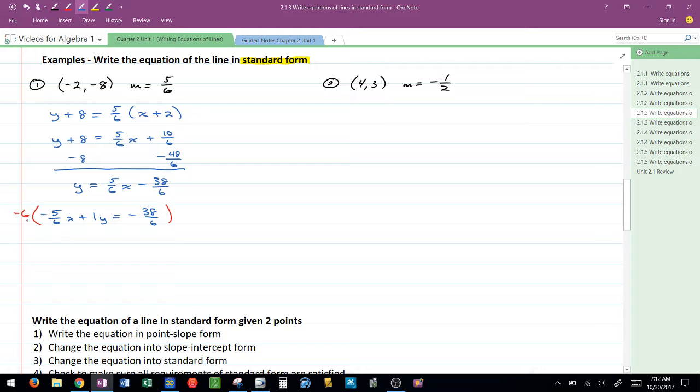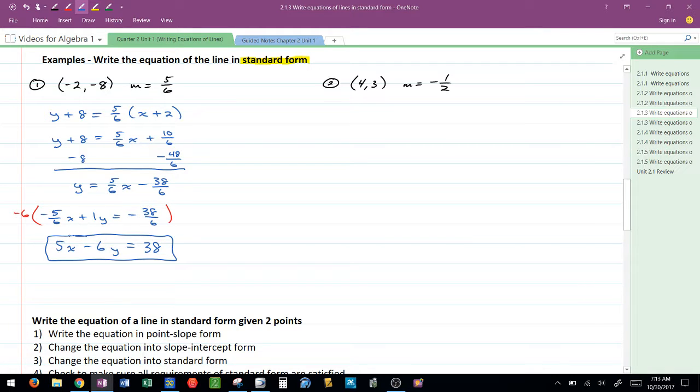Double negatives are positive. 6 divided by 6 is 1 times 5. That leaves me with 5x. Negative 6 times positive 1y would be minus 6y. Negative times negatives are positive. 6 divided by 6 is 1 times 38 would be positive 38. This equation is now in standard form.